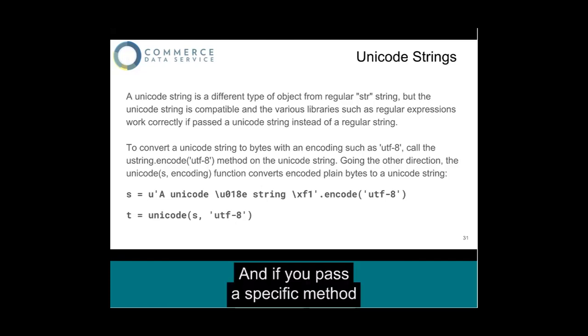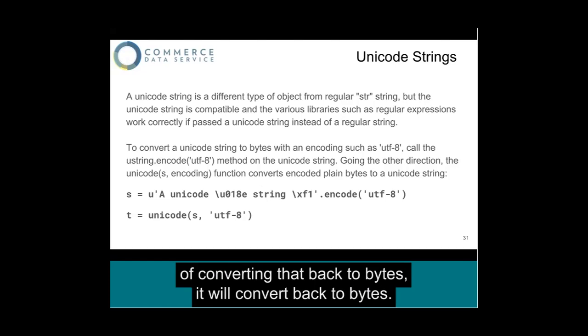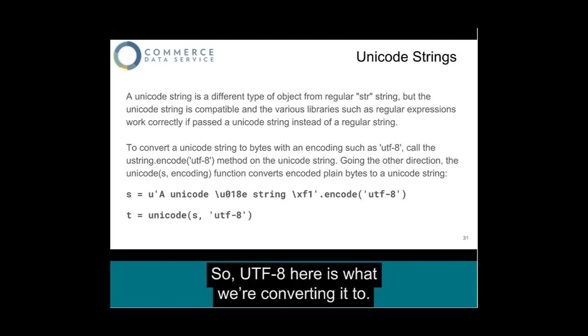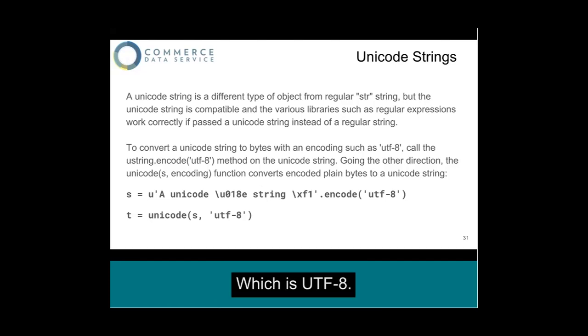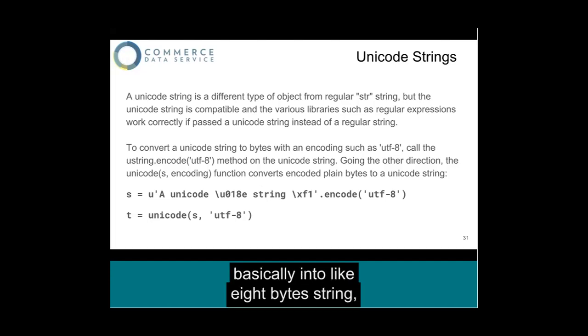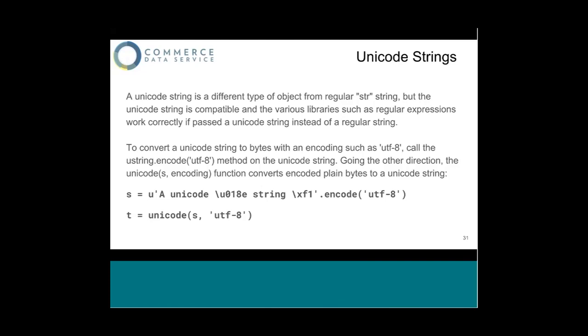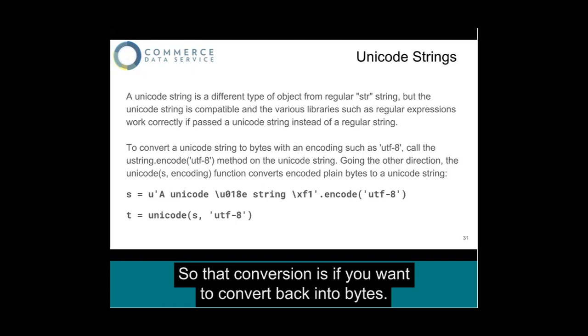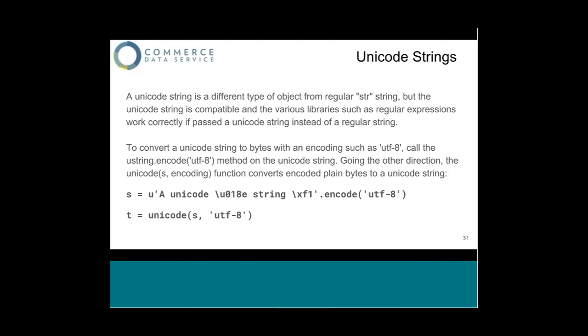And if you pass a specific method of converting that back to bytes, it will convert it back to bytes. So UTF-8 here is what we're converting it to. So we have a string that we had before. We do dot encode the conversion, which is UTF-8. That conversion converts basically into, I think, 8-bit strings, like characters that are 8 bits. So that conversion is if you want to convert back into bytes.